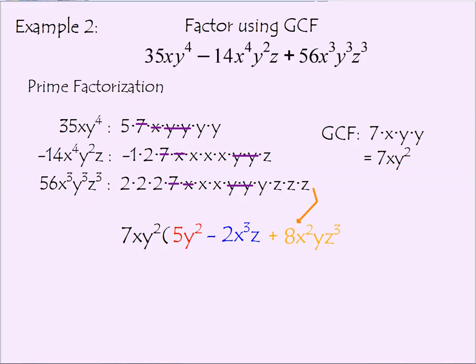And in the third term, I was left with 2 times 2 times 2, which gives me 8, 2 x's for x squared, 1 y, and 3 z's for z to the third power. I close my parentheses, and that is what I get when I do this factoring or reverse distribution.